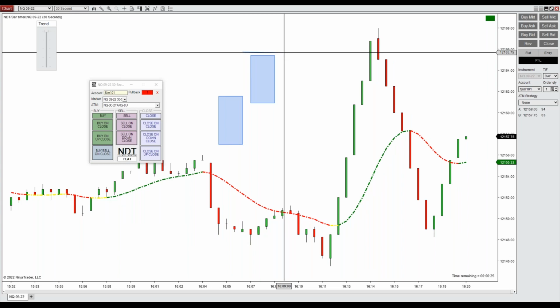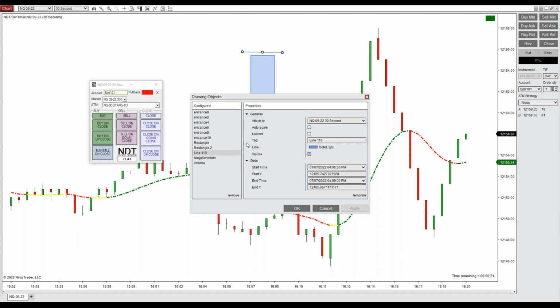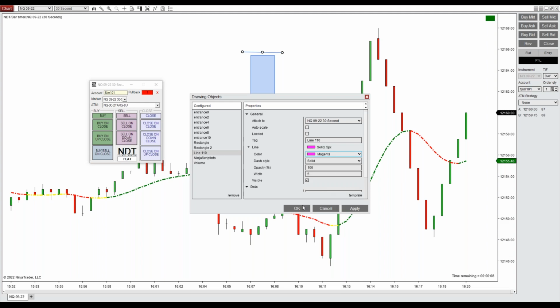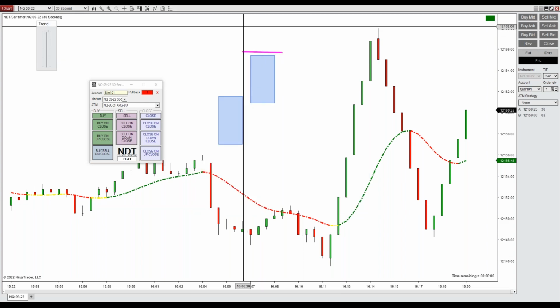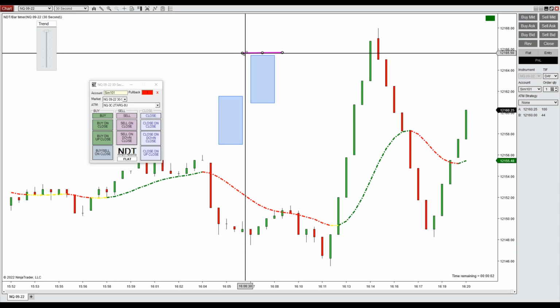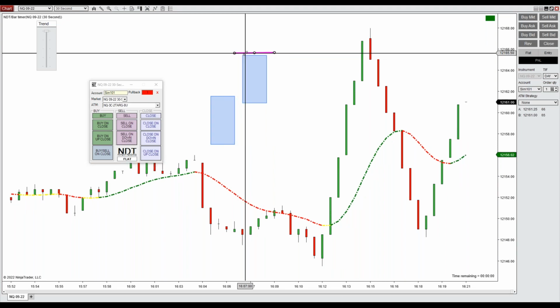Now, I just want to make this line thicker, which I can do here just by making this a 5. And by making it red. Magenta is fine. So that's going to be your normal entry. One tick above on a long.